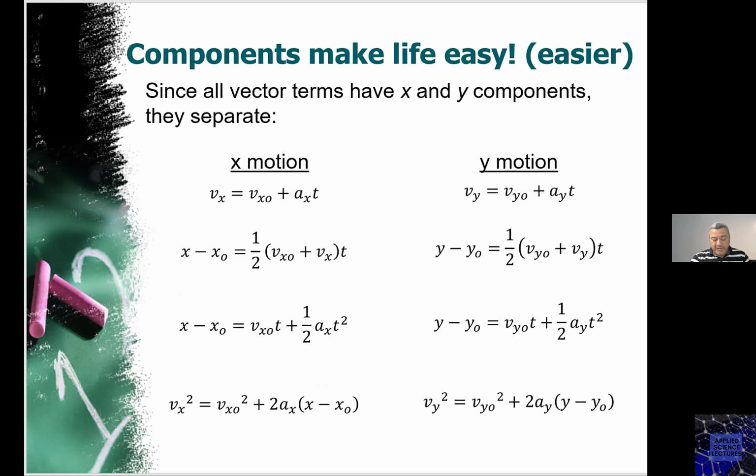But in this case, you get two, because it's 2D, you get the x and the y. Be careful here, you have acceleration in the x that is different than the acceleration in the y. You have initial velocity in the x, you have final velocity in the x, you have it for the y as well, right? So keep in mind that you have two motions and two domains.